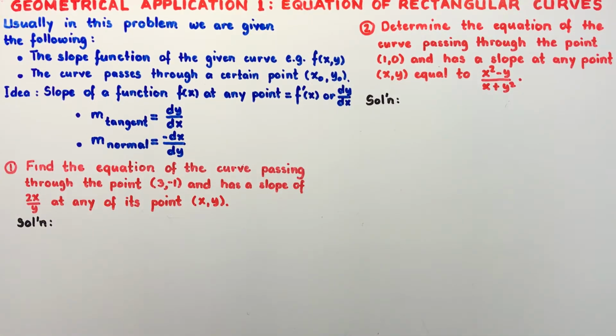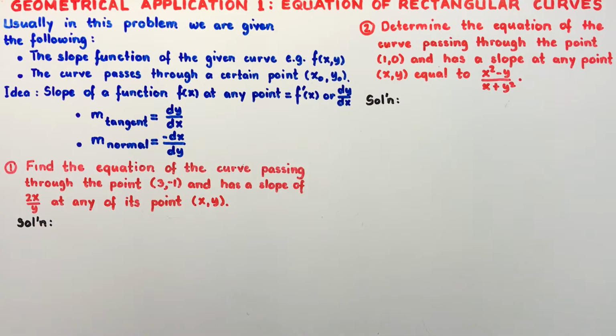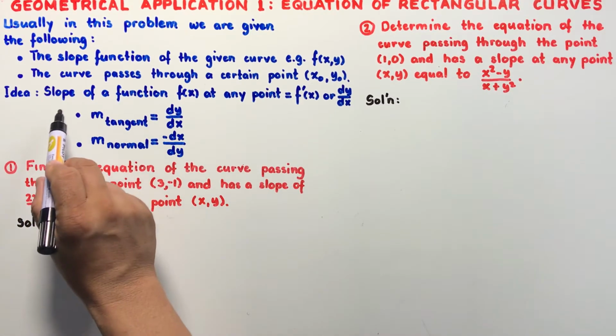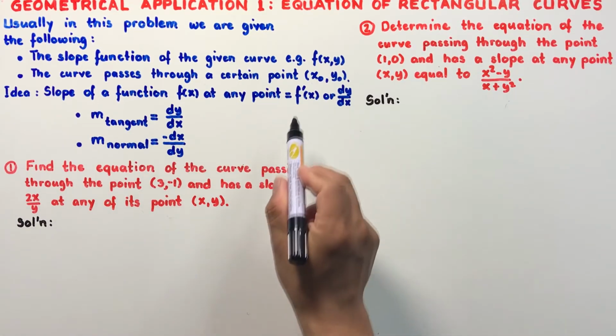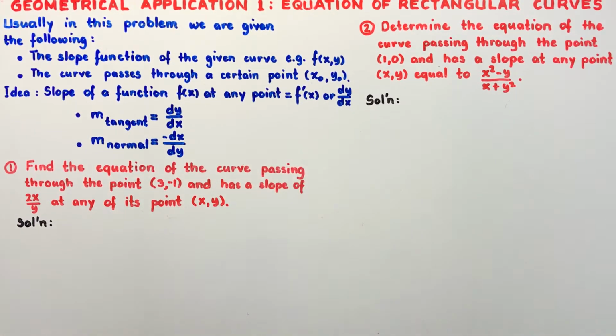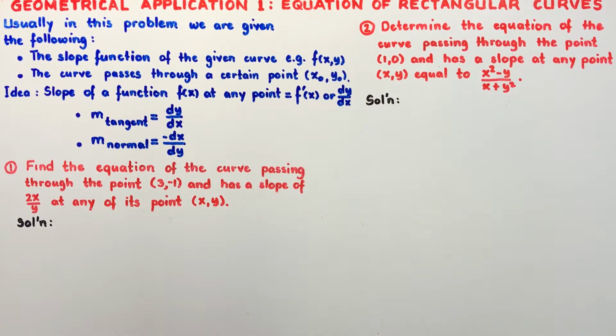And also we are given the point x sub 0, y sub 0 at which the curve passes through. And we will use the idea that the slope of a function f of x at any point of its curve is the first derivative of the function. Or you may write the derivative of y with respect to x.